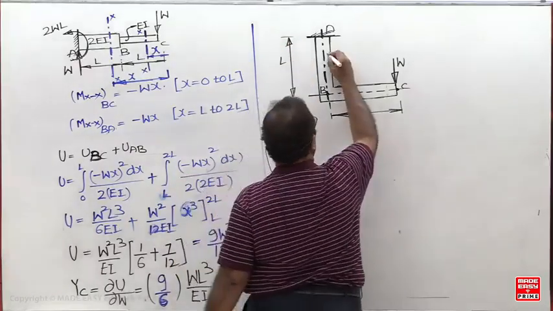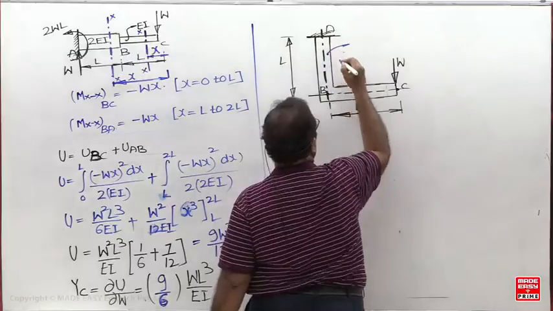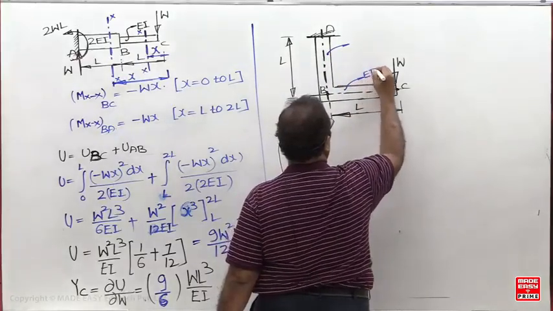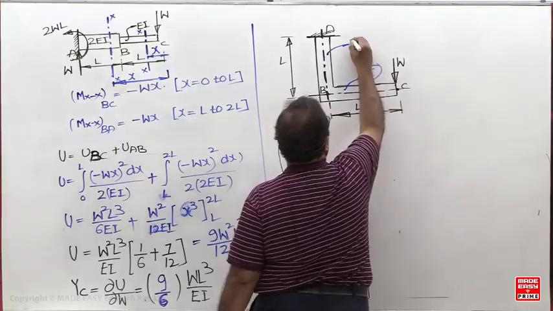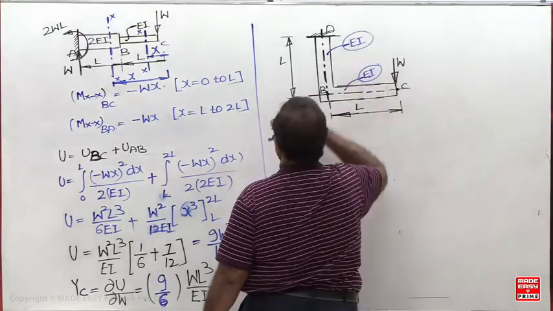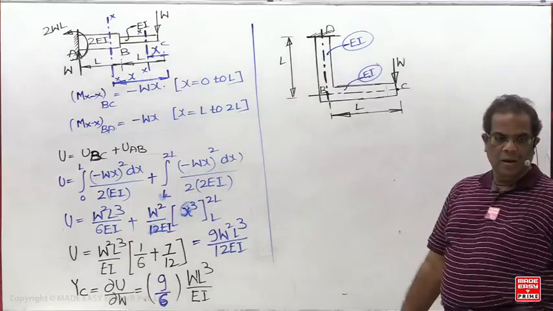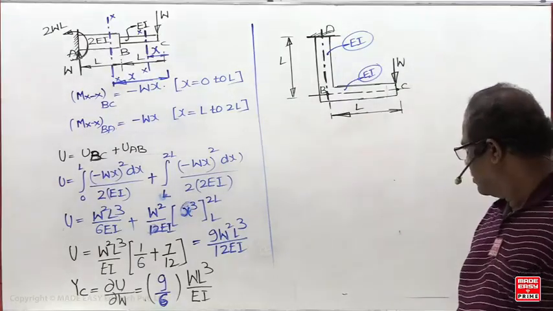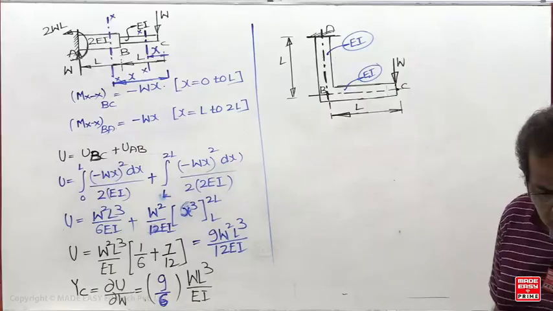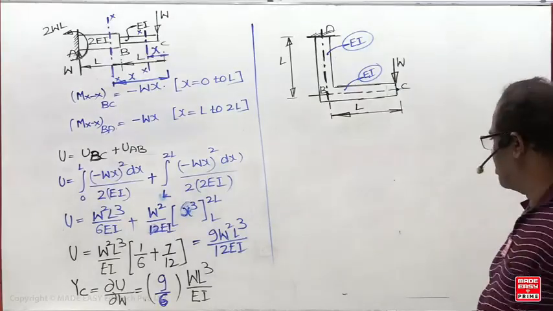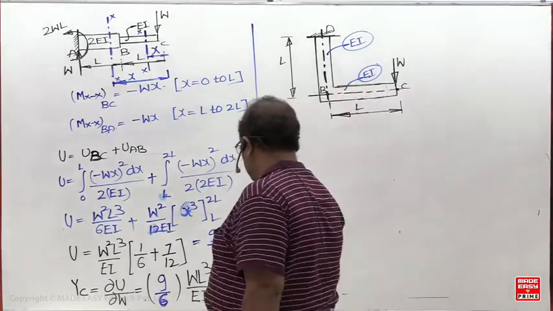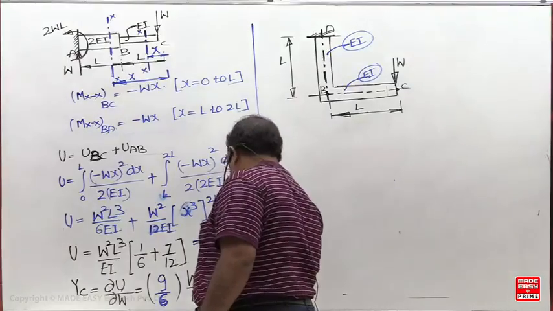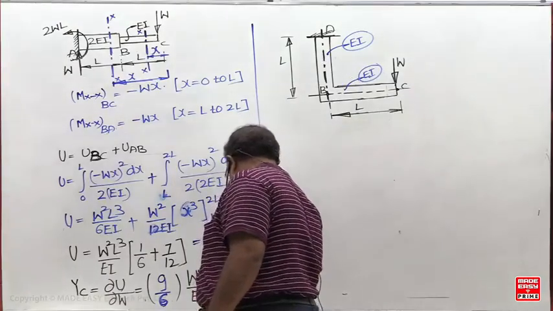This question appeared in the GATE paper, and it is also once again a workbook question. The answer 3 by 4, okay, 3 by 2. 9 by 6 means 3 by 2 only.